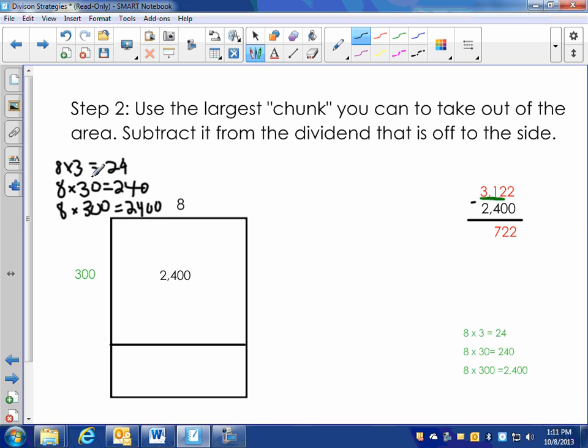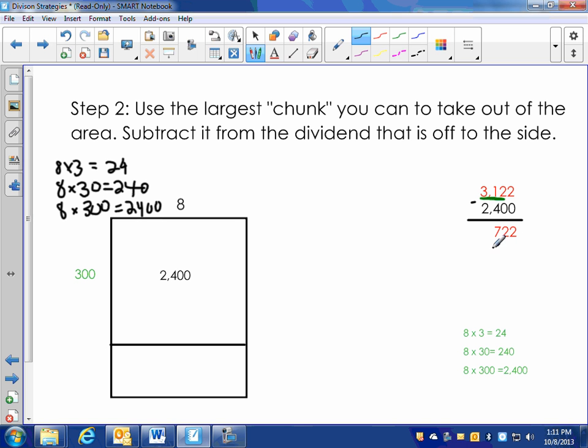So you can see here I have no zeros, and in the answer I have no zeros. In this problem I have 1 zero, so I have 1 zero in the answer. And here I have 2 zeros, so I added 2 zeros at the end. So 8 times 300 is 2,400, and then I'm going to subtract 2,400 from my dividend.